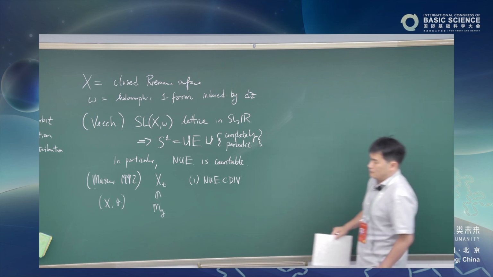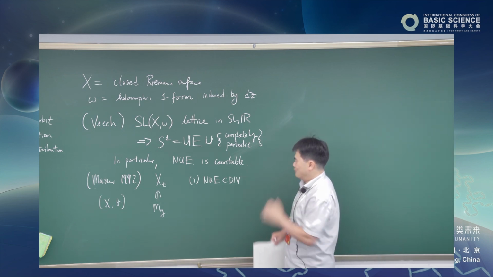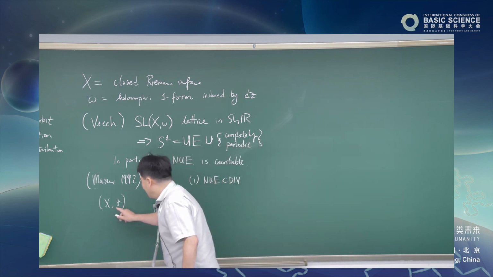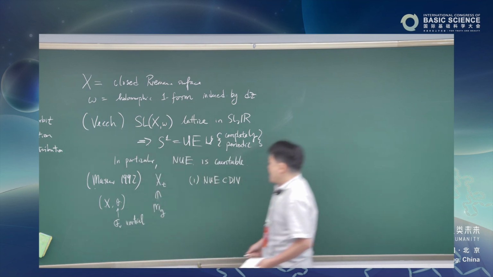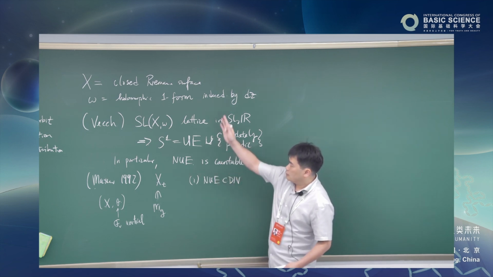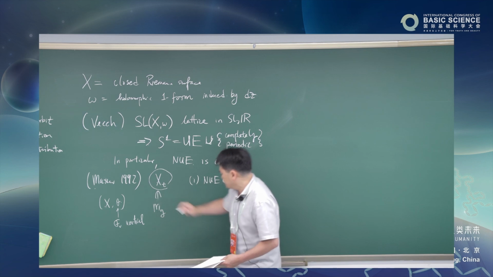When I don't say what theta is, I think of it as being the vertical direction. And so if the vertical foliation is non-uniquely ergodic, then you get this trajectory sitting inside the moduli space.